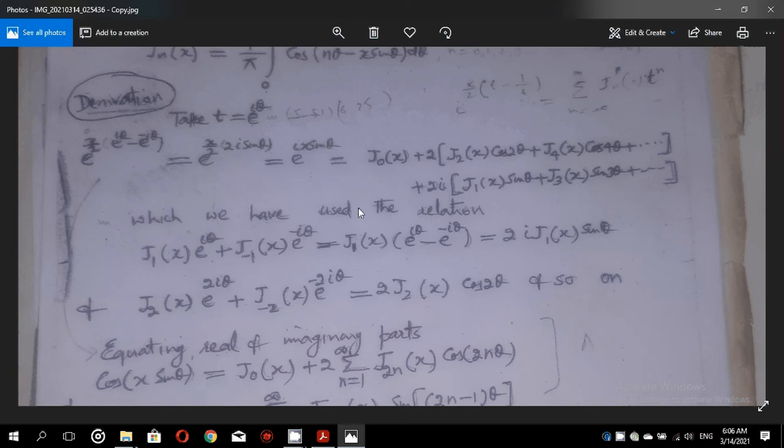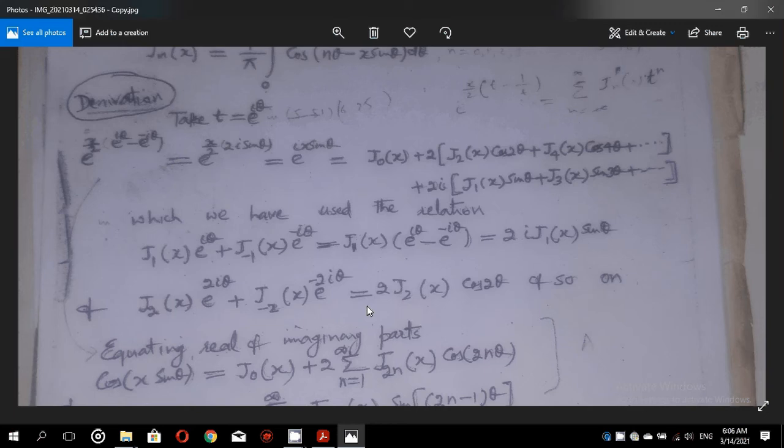So now if we compare the real part of the right hand side, because this e to the power i x sine theta is obviously cos(x sine theta) plus i sine(x sine theta). So the real part of the left hand side is cos(x sine theta), and the real part on the right hand side is J_0(x) plus this term.